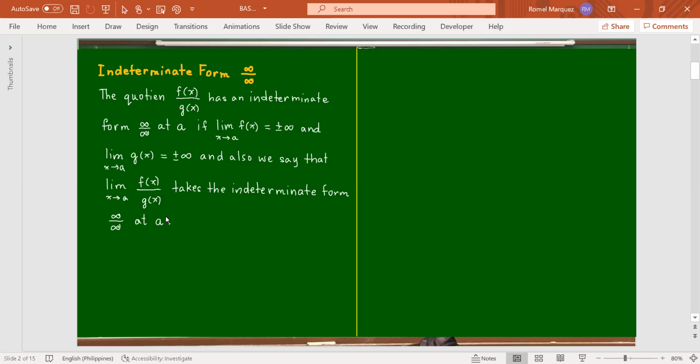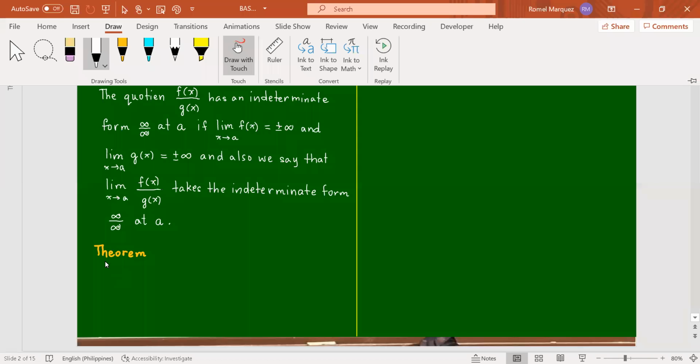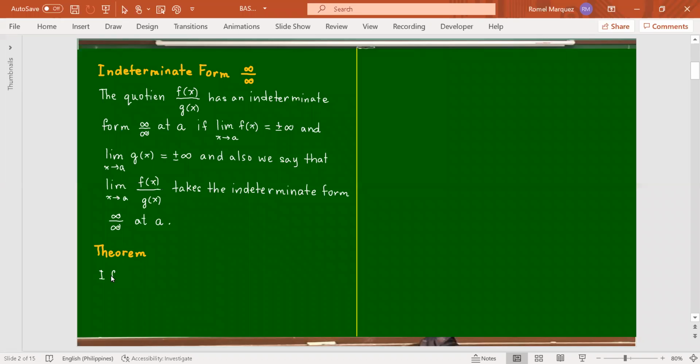Then another important theorem that you have to know, so let's say this function f of x approaches 0 through positive values.